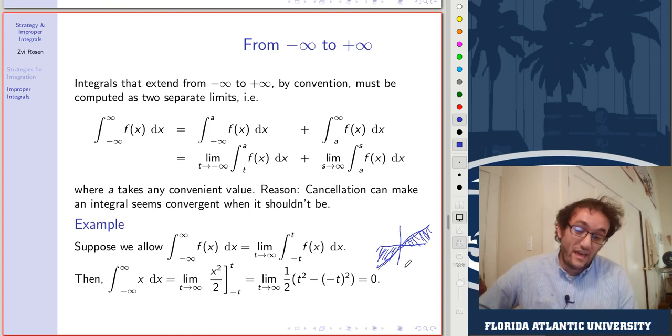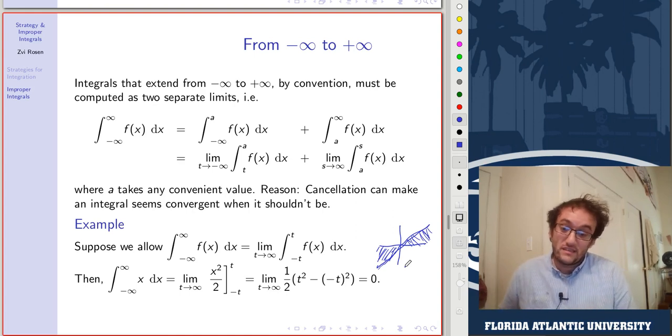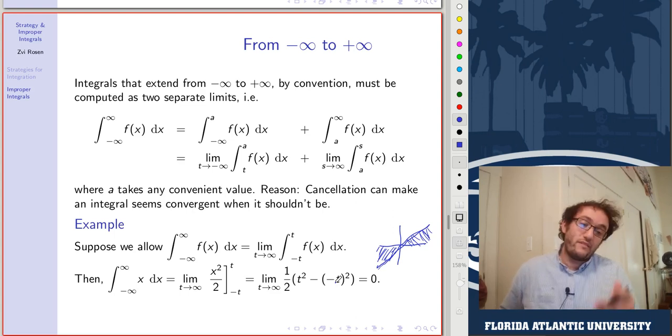But if you were allowed to take a limit like this, you would get x squared over 2 from minus t to t, and that would cancel out to give you 0. Because we don't want a phenomenon like that to happen, we require that you fix a point in the middle and you take two different integrals with two different limits.